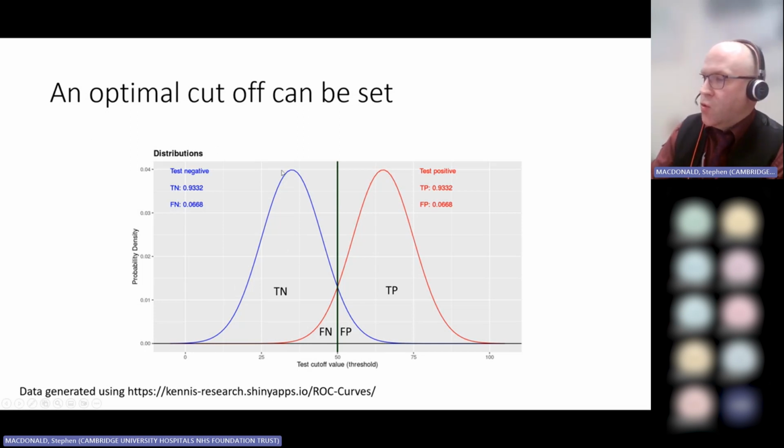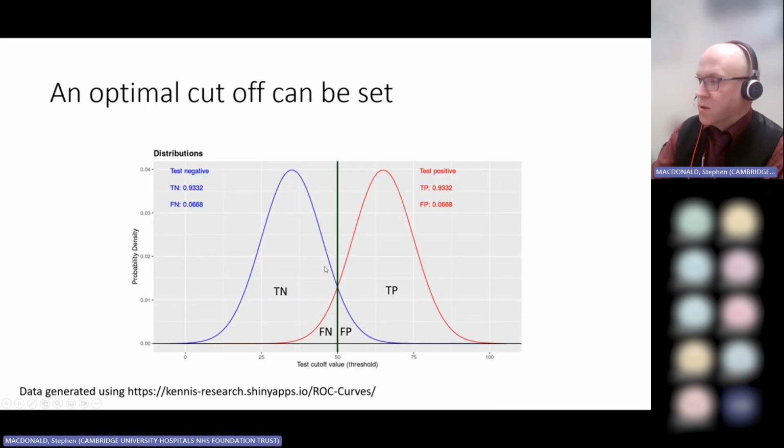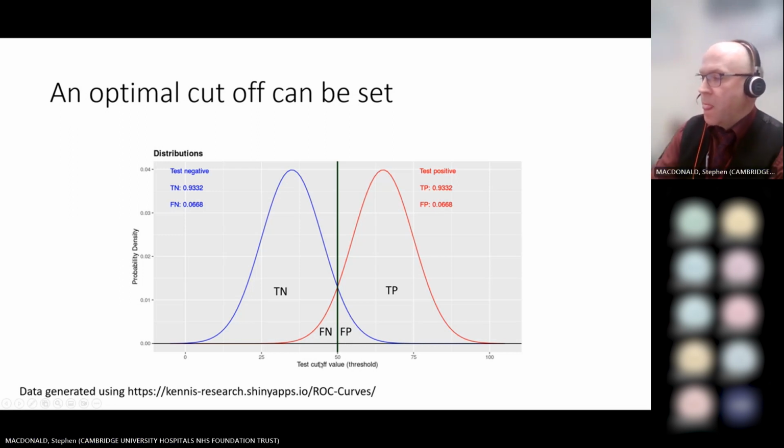Looking at the true negatives, or the patients without the disease, we can see all of these patients in this distribution, up until it intersects with that black line, will be correctly classified. However, because the cutoff's at 50, there is a certain proportion of that population which is going to creep above 50 that, despite being clinically normal, will give us a false positive result based on that cutoff.